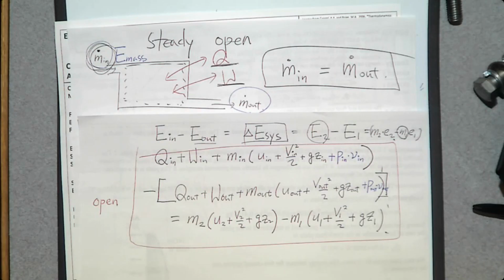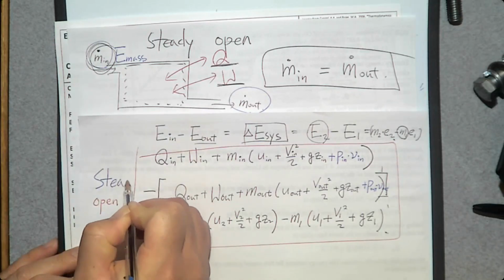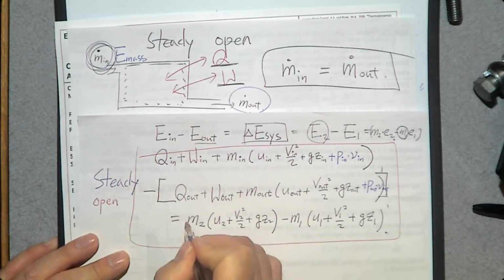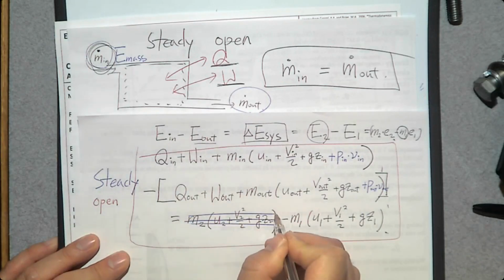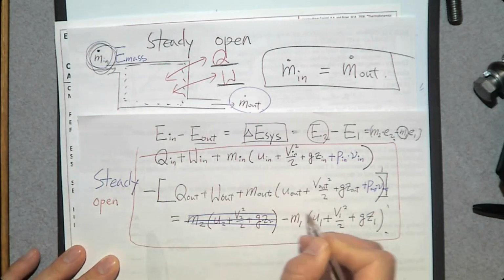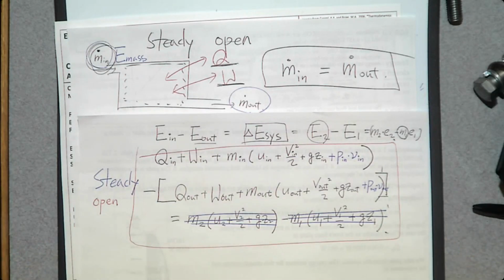There's nothing changed in time. So for a steady open system, you can neglect the total energy at the final state minus the total energy at the initial state because they are the same.